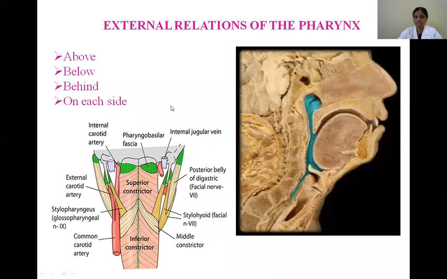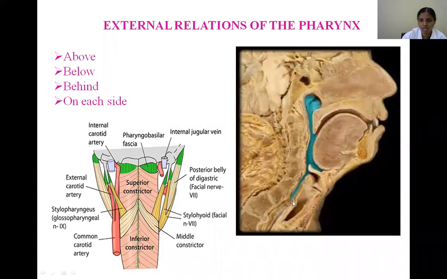What are the relations? Here we should know the relations of the pharynx. Above, this is the bony part, the body of the sphenoid, and the sloping surface is formed by the basi-occiput, the basilar part of the occipital bone, and this is the under surface of the body of the sphenoid. So above, it is limited by a bony structure, the base of the skull.